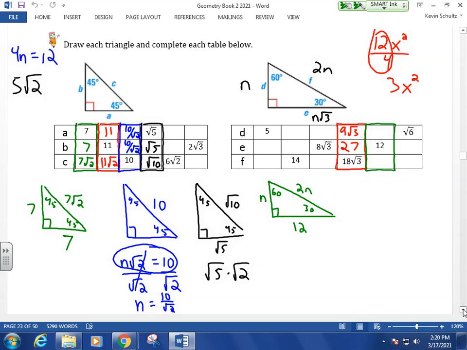We're given that long leg side. And our first step should be to go get n, because once we know what n is, then we can just double it to get the length of the hypotenuse.